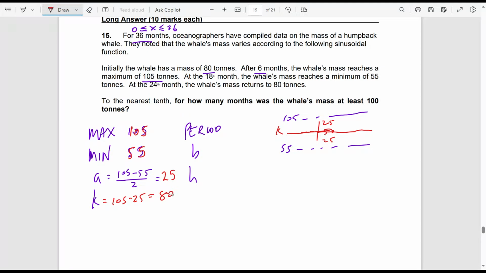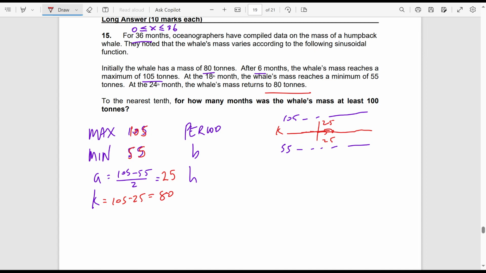I was just doing this first to identify, we can find it mathematically, or if you just continue to read, like you said, at the 24th month, it returns to 80. So then I have a clear beginning, an up, a down, and then it returns back to a certain weight. So you're right, I can either do it mathematically or I can decode it from the question.